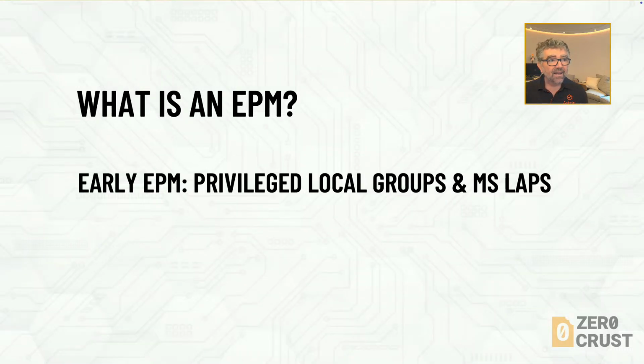So what comes after fully privileged or non-privileged for many people? Well, it would be privileged local groups and the use of something called MS LAPS. You may or may not remember, depending on how old you are, I certainly do, Microsoft introduced the concept of power users. This is a privileged local group from, I think, Windows 2000, and it ran all the way to XP.